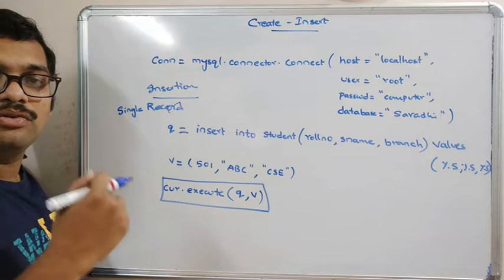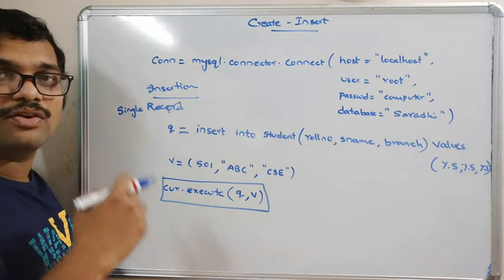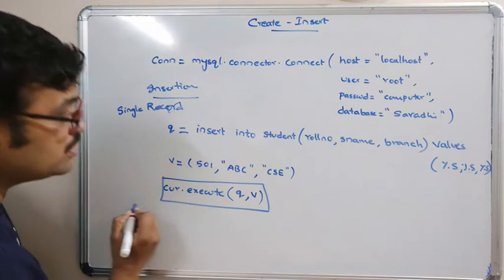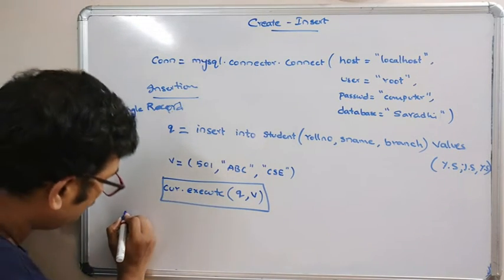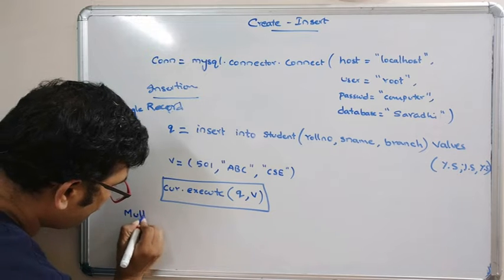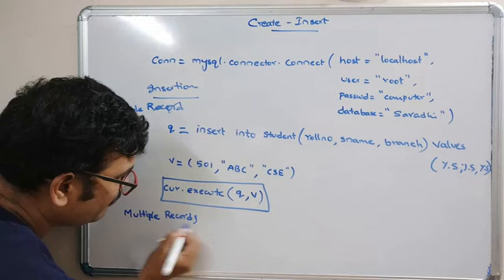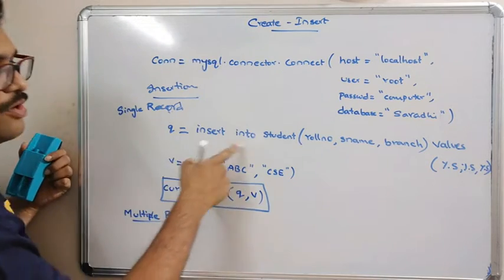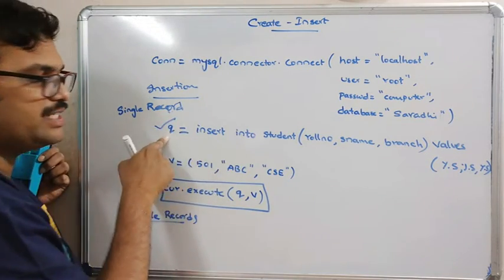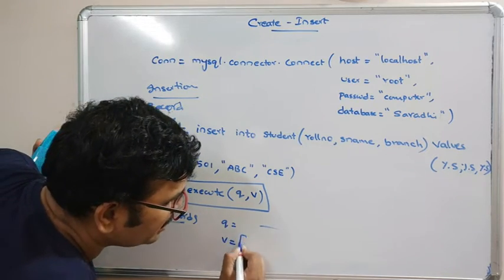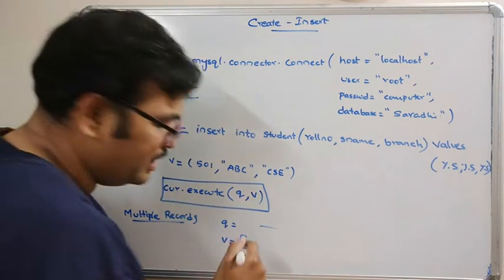If you want to insert more than one record at a time, multiple records, the query is the same. So q is equal to the same, and the value must be in terms of a list of tuples.